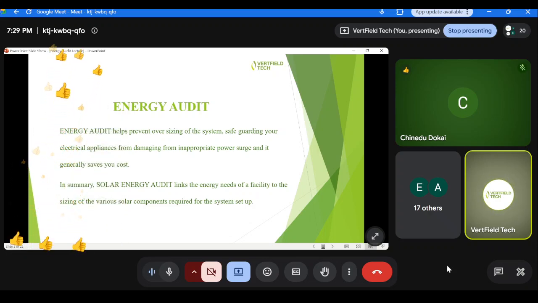One good thing you need to look into and take care of in your journey of system installations is to make sure that you carry out a proper energy audit on a facility.